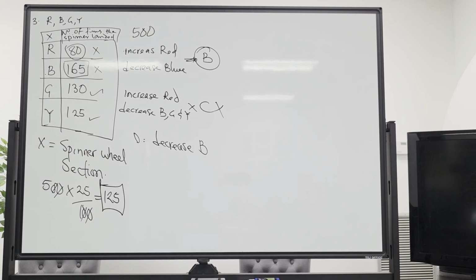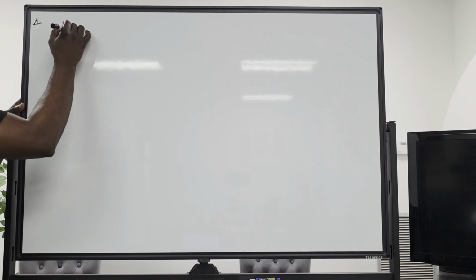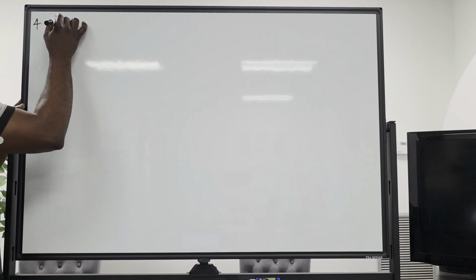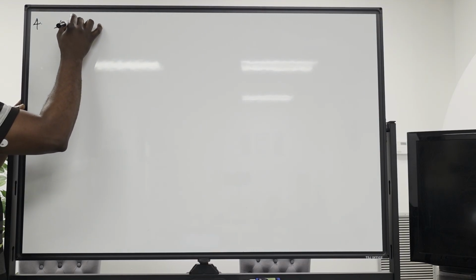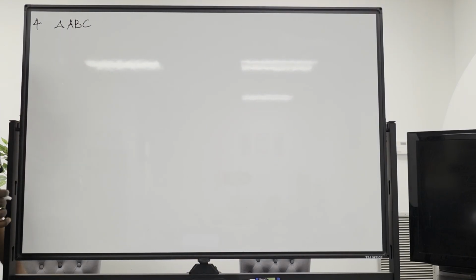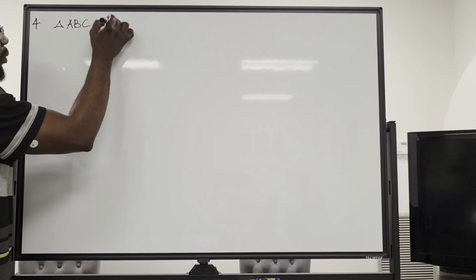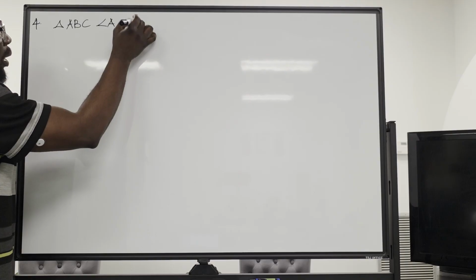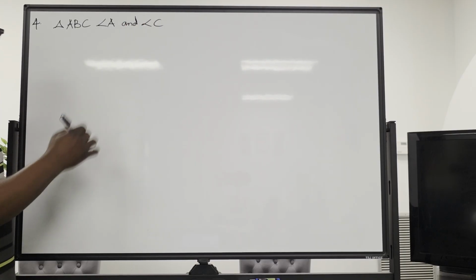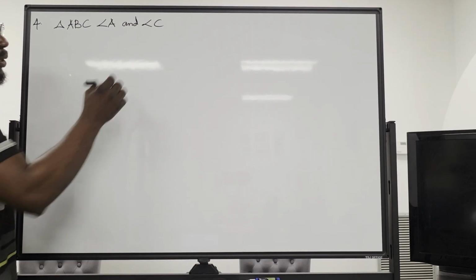Let's go to question 4. Question 4. So question 4 says, in triangle ABC, angle A and angle C are congruent.